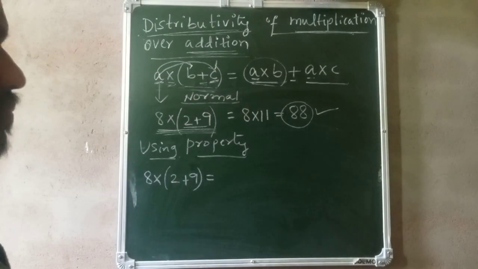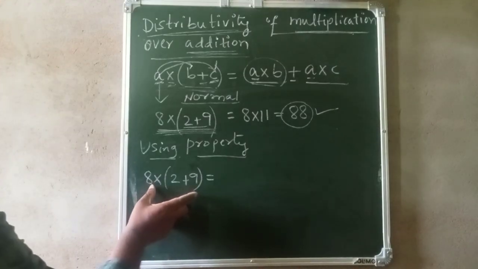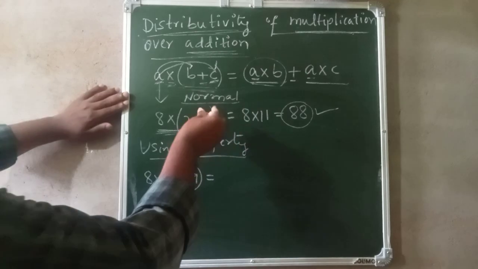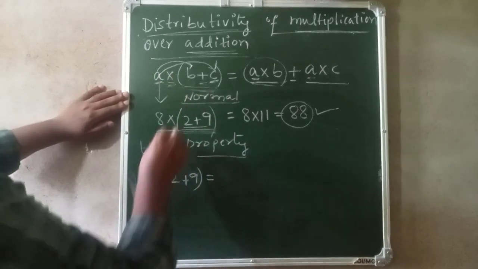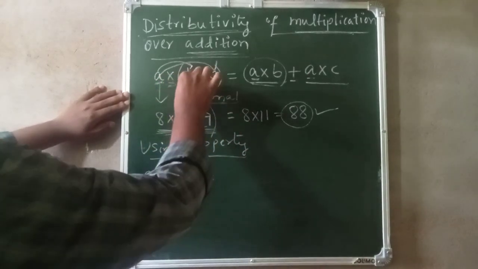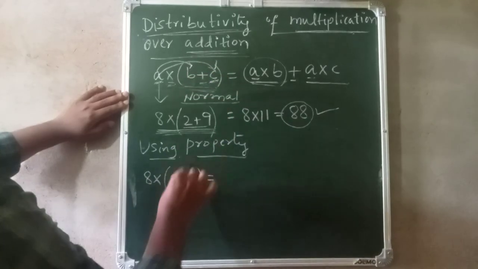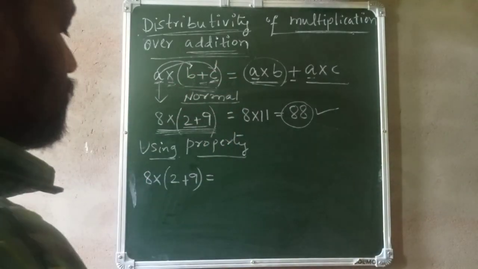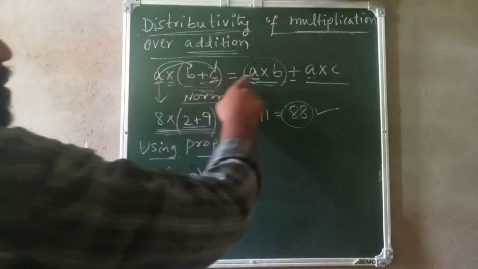You can see this is in the form of this. In place of A we have 8 into, in place of B 2 plus, in place of C we have 9. We are using this property to simplify.